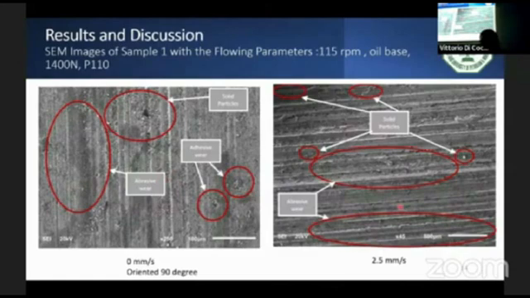Comparing with when we add the penetration rate, we can see that the adhesive has increased and has a deep groove. We found the adhesive in many locations in the sample, but after adding the penetration rate, there is no sign of adhesive. The solid particles are present, and they come from the lubricants.